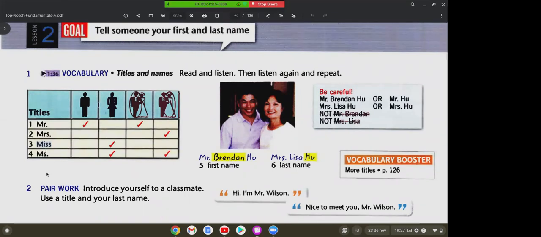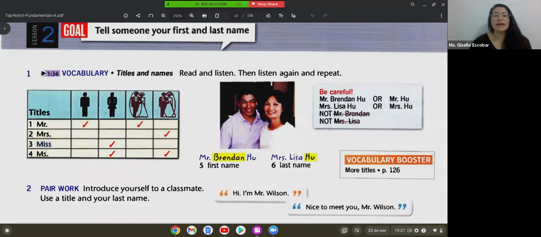La única diferencia es que en el número 4, la abreviatura se utiliza para una persona, ya es señorita, ¿sí? Miss significa señorita. Entonces, esta puede ser una señorita que ya esté casada, alguien muy joven, o simplemente para utilizarlo como la abreviatura de Miss.